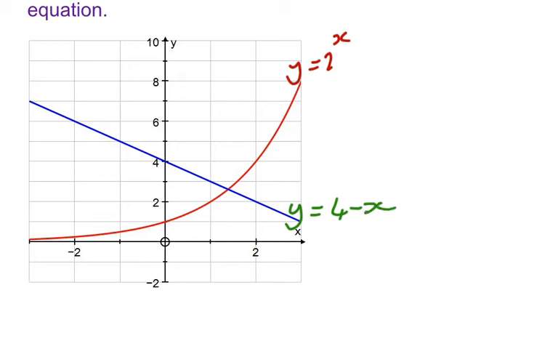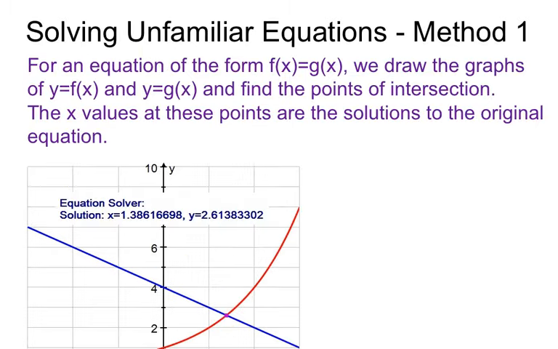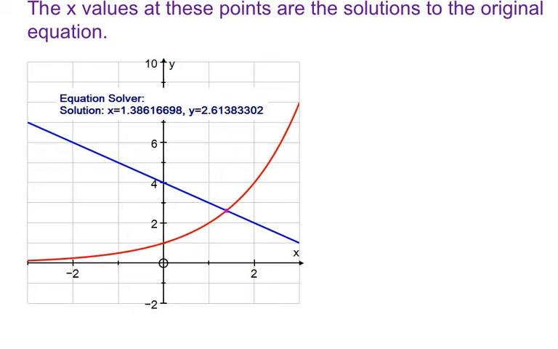Once again, we look for the point of intersection, which in this case is here, and we look down. It's not as obvious in this one what that value is, so we would use the solve intersection function on our graphics calculator, and when we do that, we get the value x equals 1.386 and lots more decimal places. So our answer here would be x equals 1.39 to 2 decimal places.